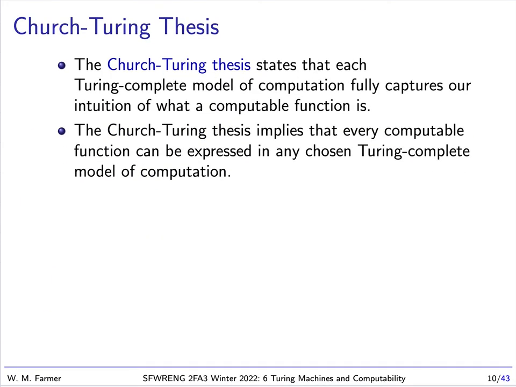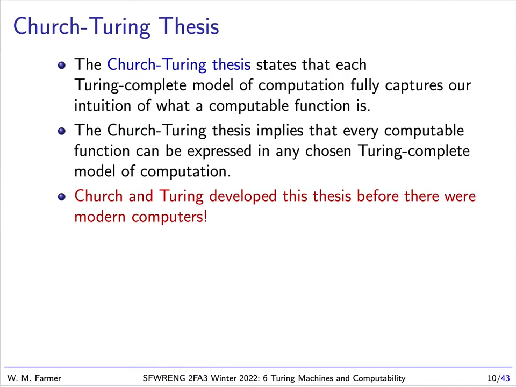Now, the Church-Turing Thesis implies that every computable function can be expressed in any chosen Turing-complete model of computation. What this means is if you have a function and you have some effective method for computing it, then we will be able to represent that function in any Turing-complete model of computation.